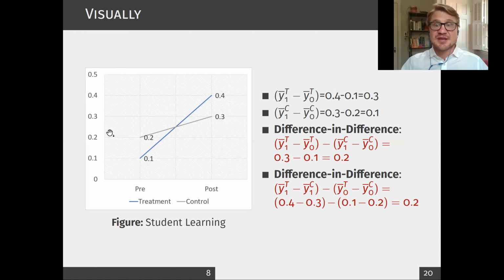But in the pre-period, the girls were actually doing worse, right? So the treatment group in the pre-period is 0.1 minus 0.2, which is minus 0.1. So this is 0.1 minus minus 0.1, which is 0.2.